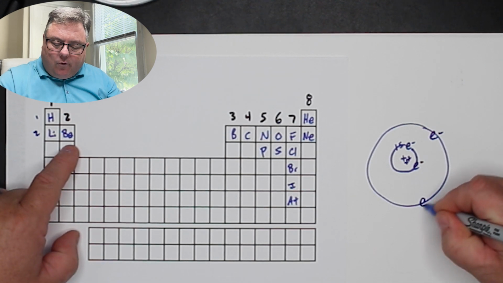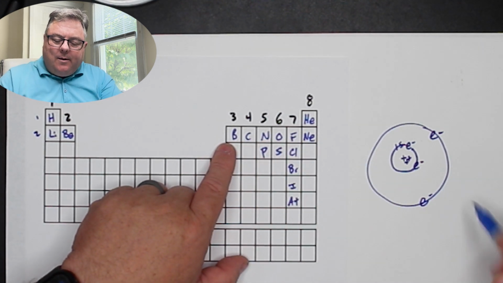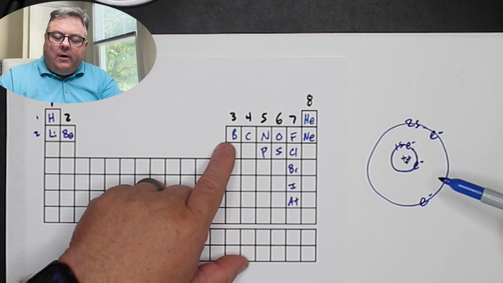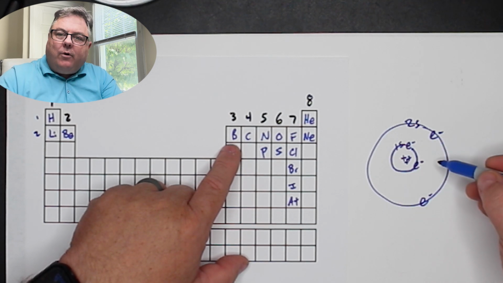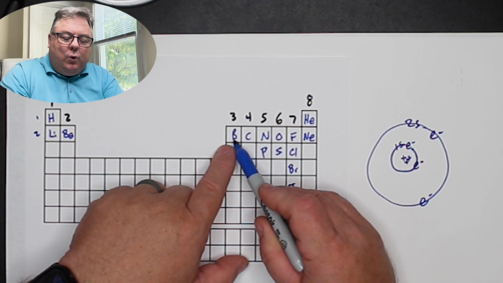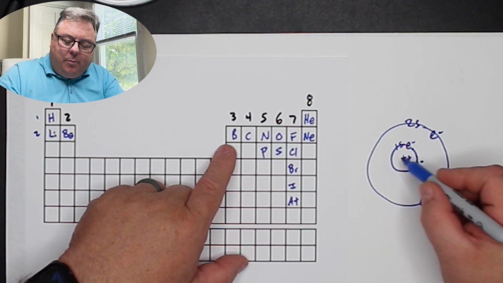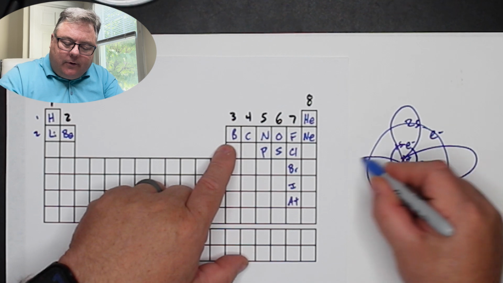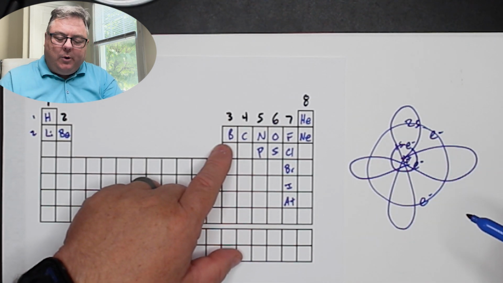And beryllium has 4 electrons. But then when we get to boron through neon, this 2s orbital, the spherical one of beryllium, when we get to boron, now that one's full of electrons, so you have a 2p orbital that starts to fill in. And you might remember there's 3 2p orbitals. This is a 2p, this is a 2p, and there's one that's in and out of the piece of paper that's a 2p orbital.